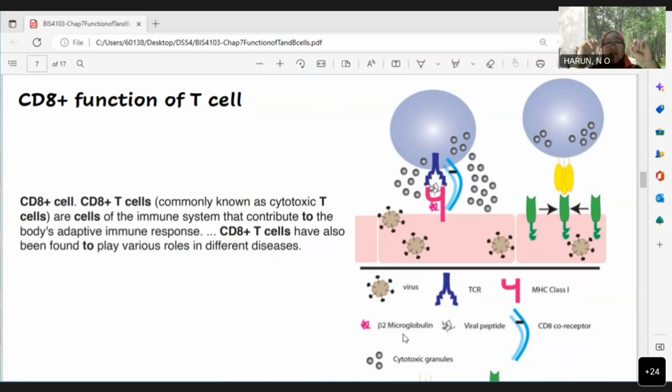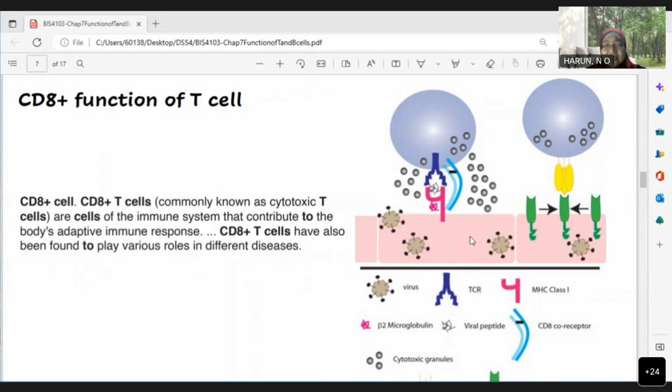Because it does not have alpha 1, alpha 2 and also beta 1, beta 2. The MHC class 1 has alpha 1, alpha 2, and beta-2 microglobulin. So I'm sure this is MHC class 1, because it is for CD8 plus. This is the viral peptide that has already been degraded into very small particles by this particular antigen presenting cell.